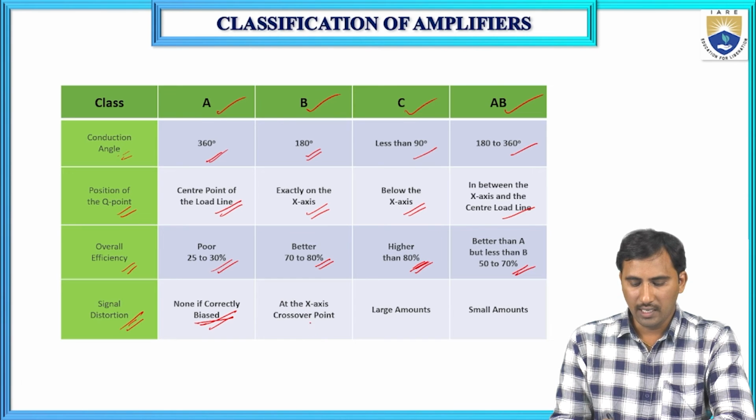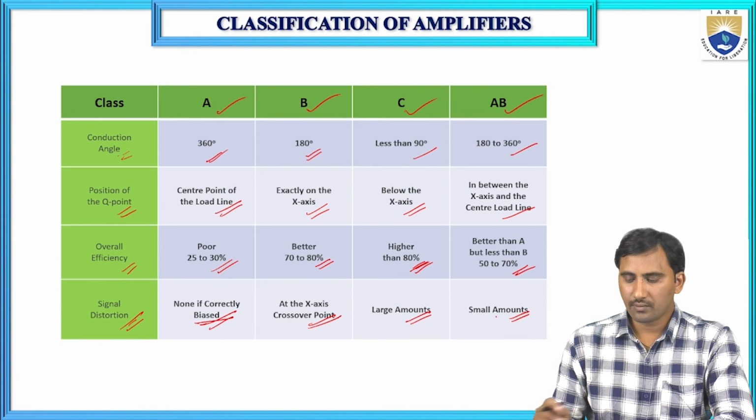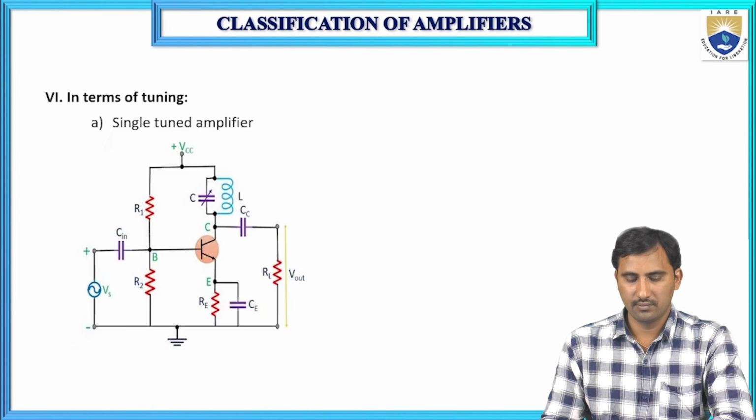And for class B, there is a distortion called crossover distortion on the x-axis. And for class C, the distortion will be more. And for class AB, there is a small amount of distortion. So this is a comparison of the different power amplifiers.